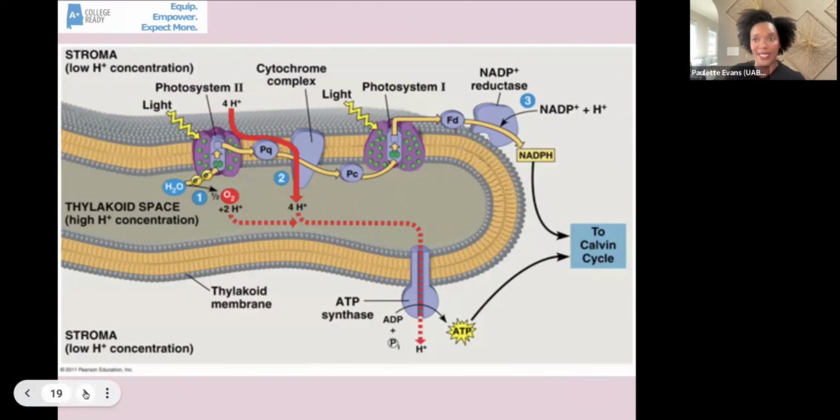This looks crazy, doesn't it? I know, it looks a little complex. I'm going to try to simplify it for you. This is not hard. This is the light-dependent reactions. This is going to be the set of reactions where we capture solar energy from the sun, and it's the first step to converting that into chemical energy found in the bonds of organic molecules.